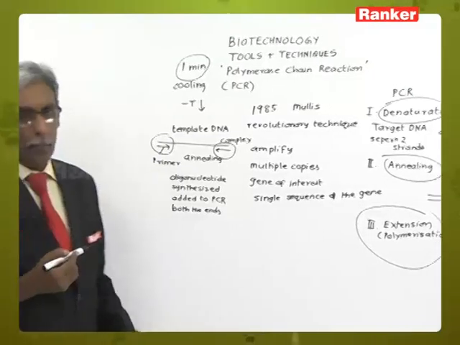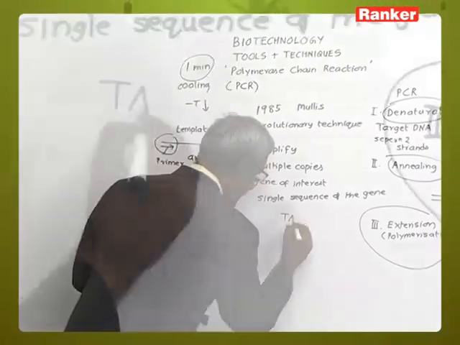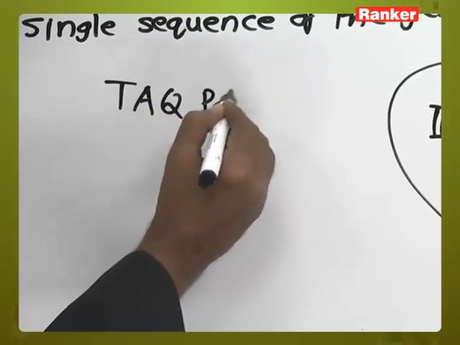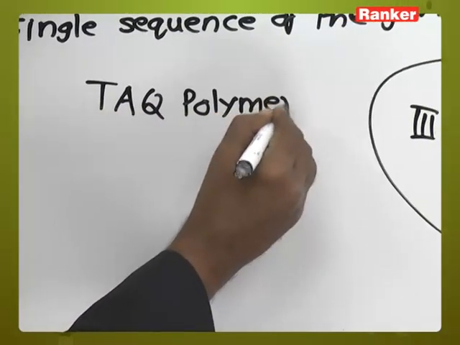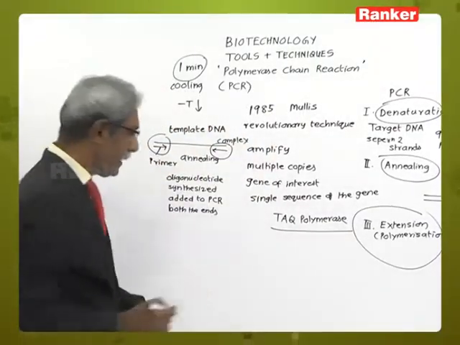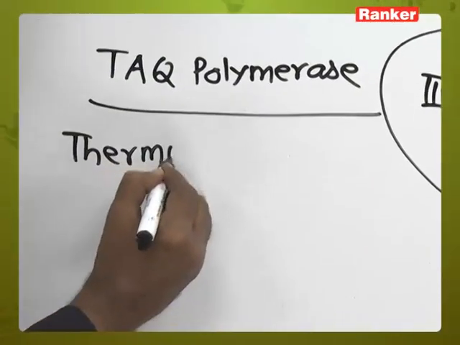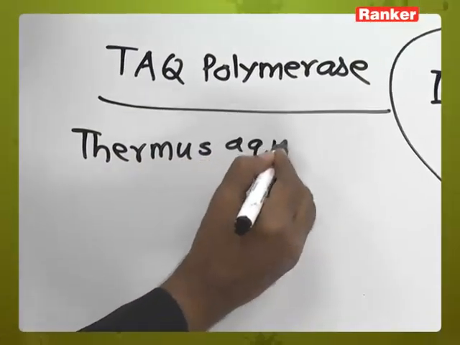Now, in extension or polymerization, we have a very important enzyme called Taq polymerase. It is derived from the microorganism called Thermus aquaticus.